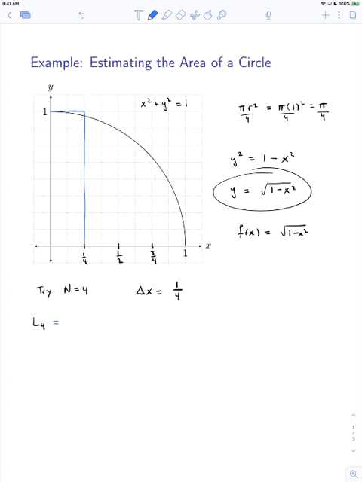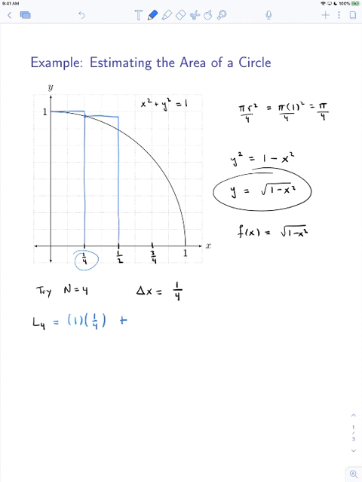The height of this is 1 times the width, which is 1/4, plus my second interval. Again, my interval is from 1/4 to 1/2, so I use the left endpoint, which is 1/4, and that intersects the curve right here. That dictates the height of the rectangle, like so.